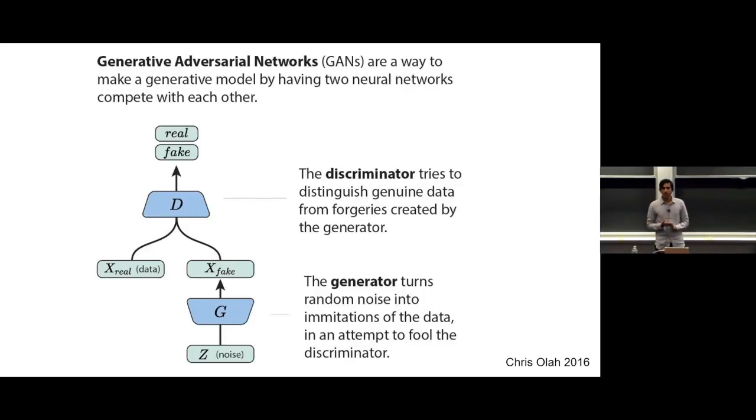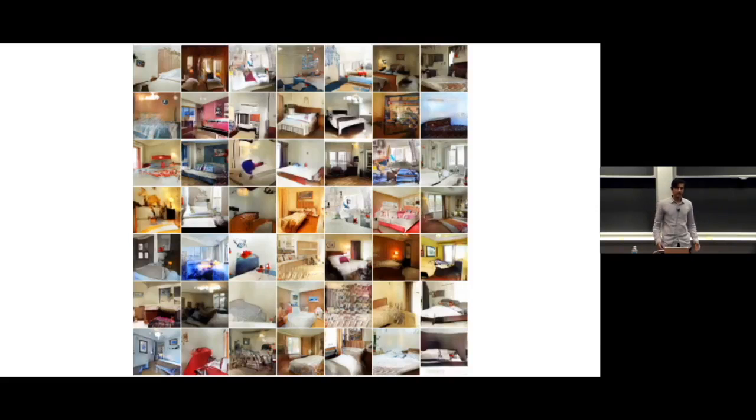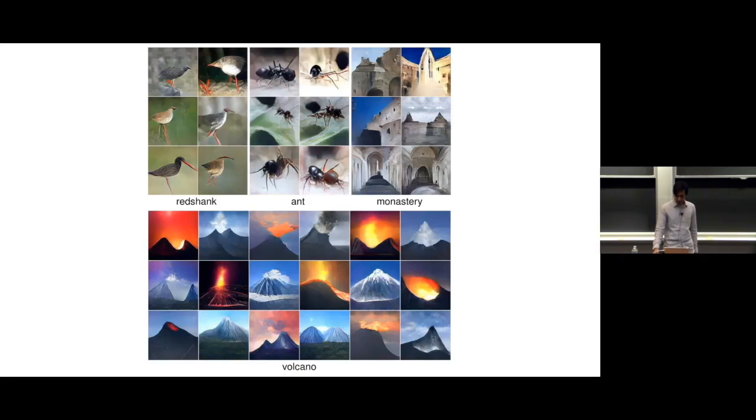So these are bedrooms generated by a generative adversarial net. You can see this is basically state-of-the-art in terms of generating samples that are at once sharp and coherent and contain all of the characteristics of bedrooms that we're interested in representing. And the pictures that I showed you earlier of the birds and the ants and the volcanoes are also from this process.